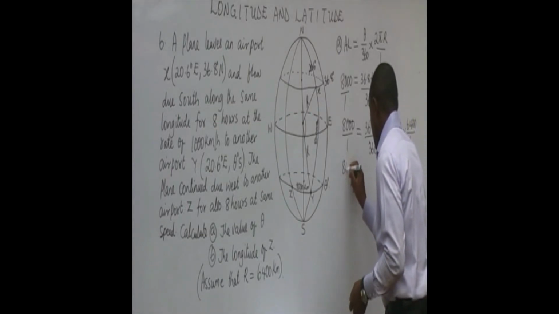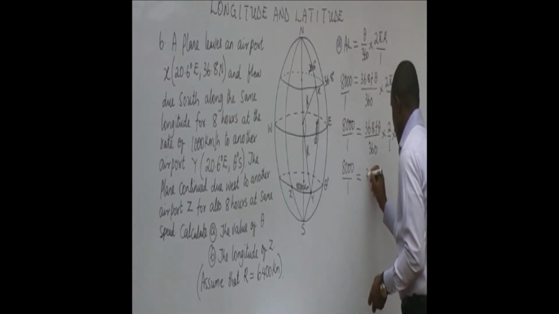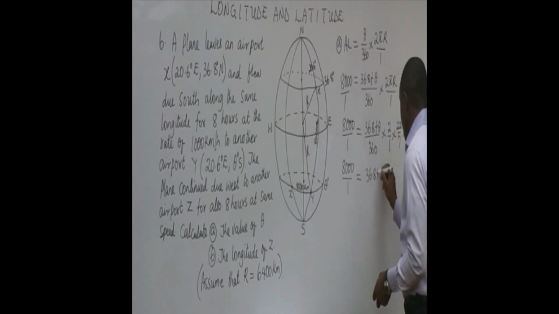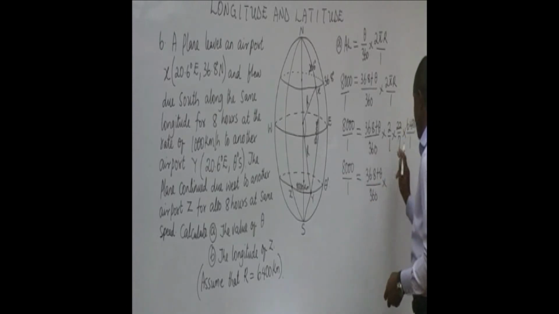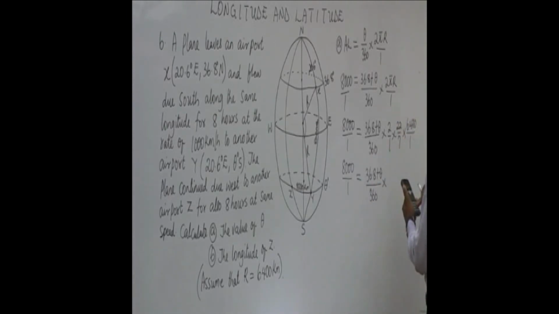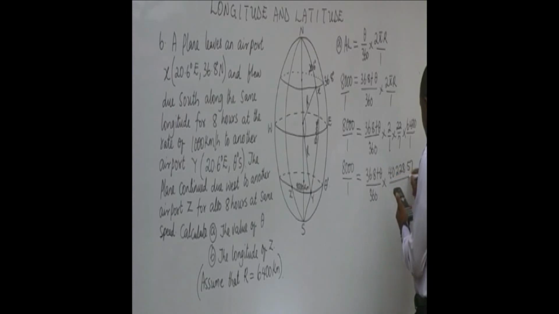So we have 8000 all over 1 is equal to 36.8 plus theta all over 360 times, let's simplify this, 2 times 22 will give you 44, times 6400, divided by 7. What you have here is 40,228.57 all over 1.